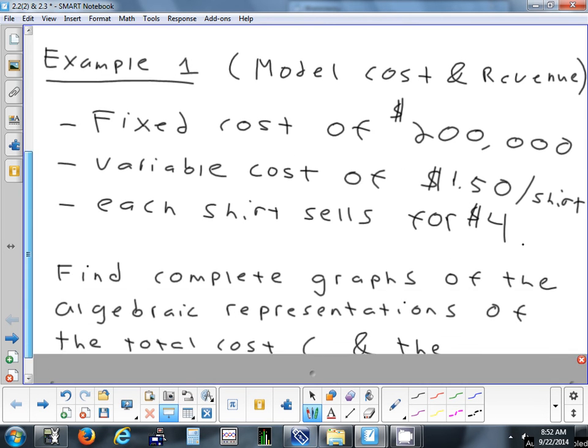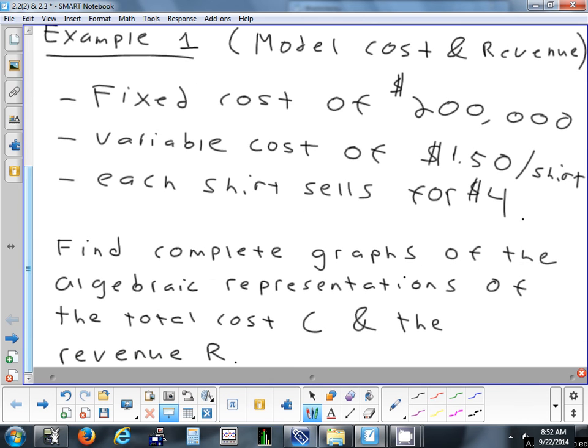So the first thing they want us to do is find an algebraic representation, so we can then graph it, for the cost and the revenue. They're not interested in the profit right now. If you can find cost and revenue, profit would be pretty easy.